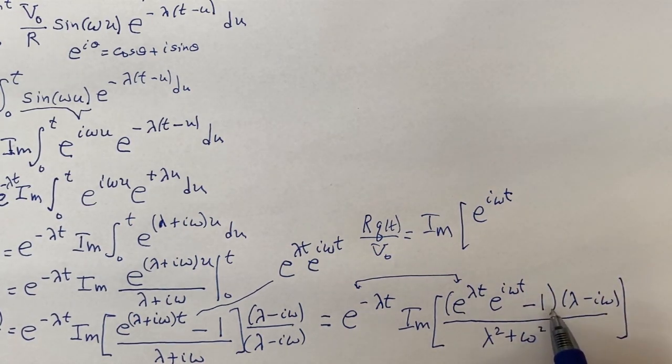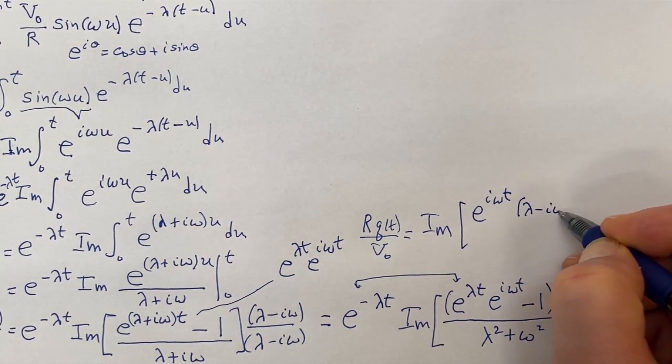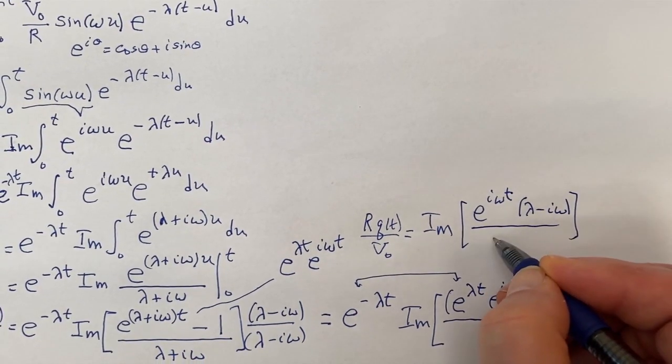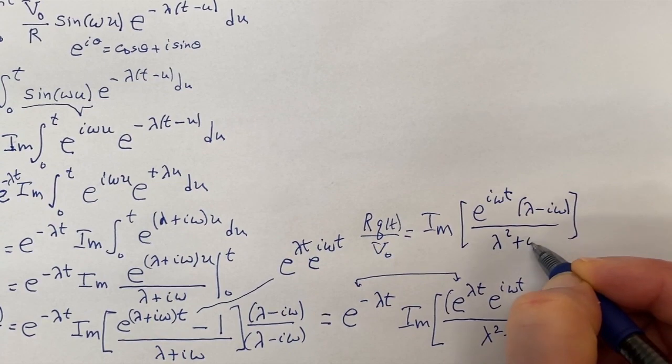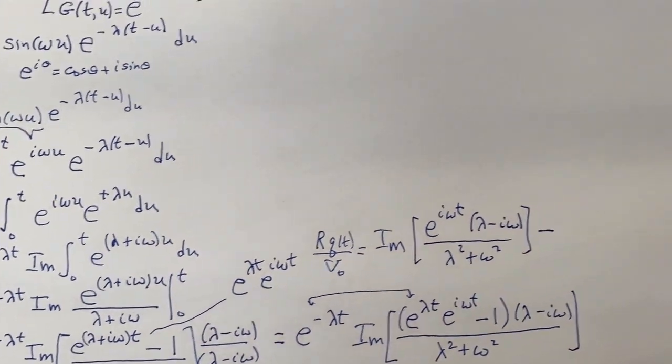And I'm going to write this out as two terms. It'll be this one simplified times this. All right, that's the first thing we're doing. And that's divided by lambda squared plus omega squared. And then I've got to subtract the other one.